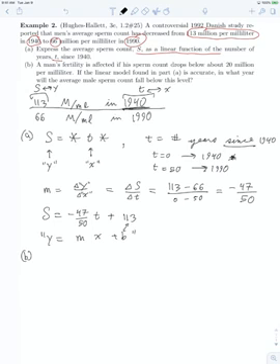If the linear model in part A is accurate, in what year will the average male sperm count fall below this level? So in other words, they're asking, when will S equal 20? And I guess that would be 20 million per milliliter.